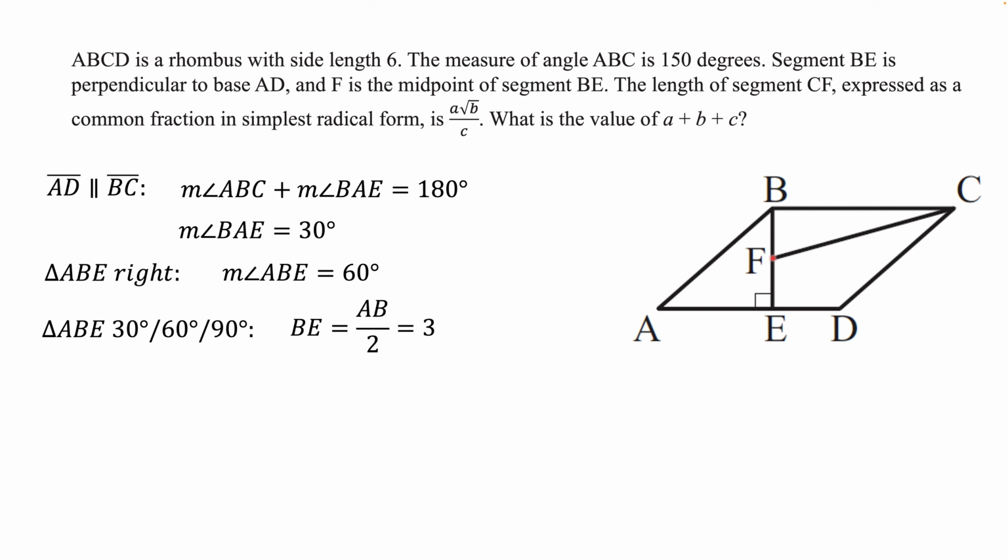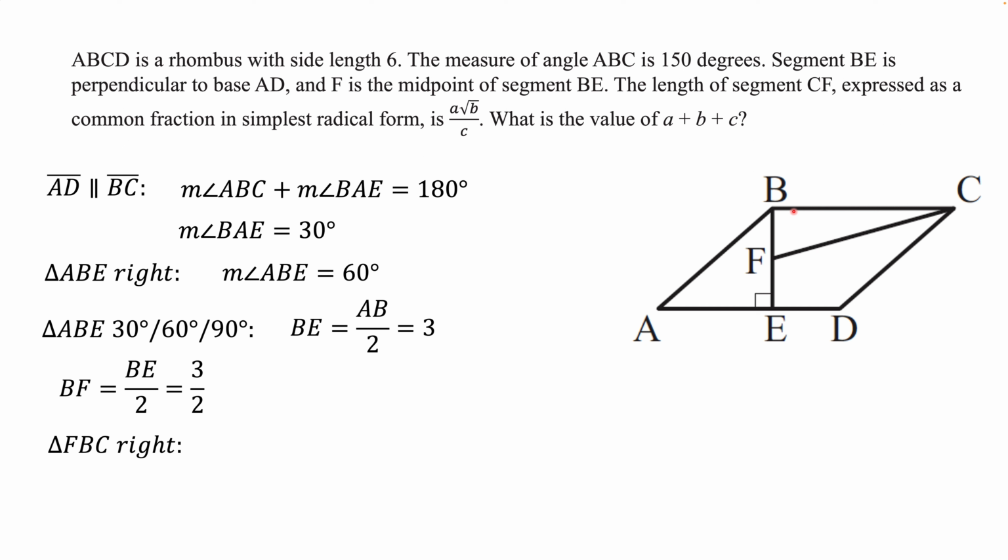Now look at the point F. Point F is the midpoint of BE. It means that BF is half of BE, that is 3/2, so 1.5. Now, let's look at triangle FBC. That's a right triangle, because the angle B here is 90 degrees.